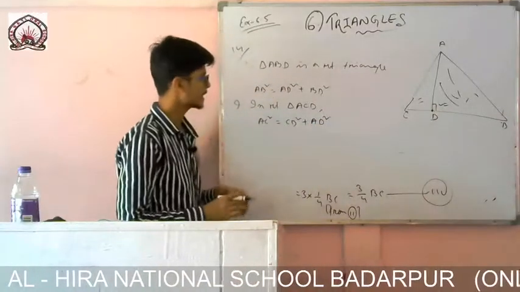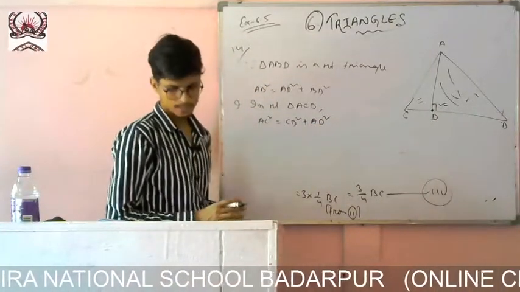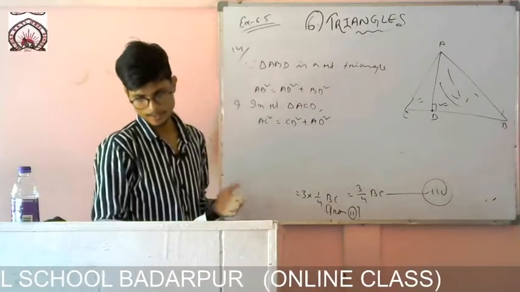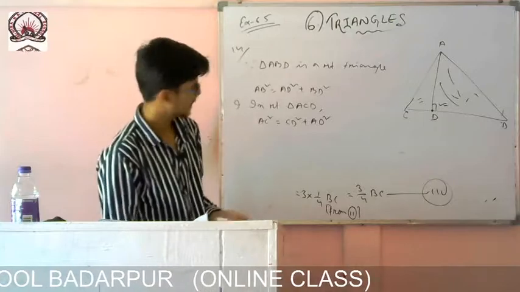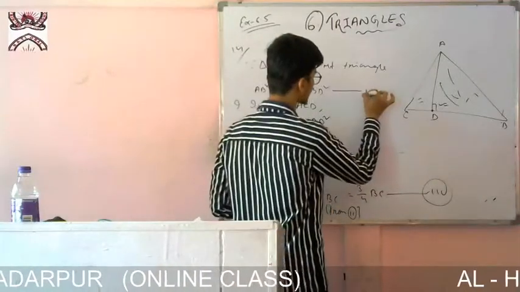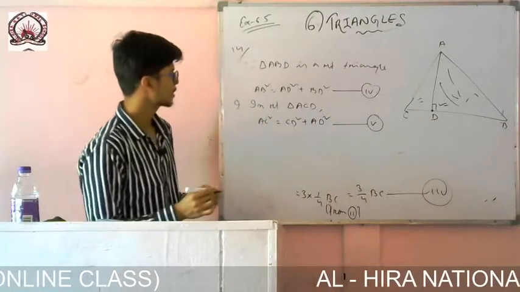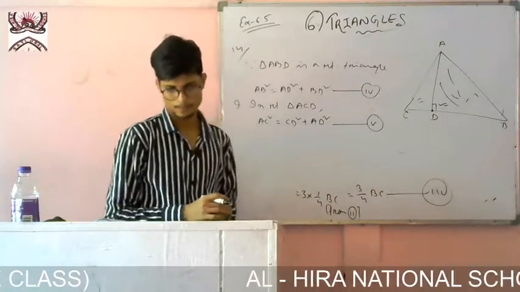So in right triangle ACD, I can write AC square is equal to CD square plus AD square. This one you give as equation number 4, and this one you give as 5.